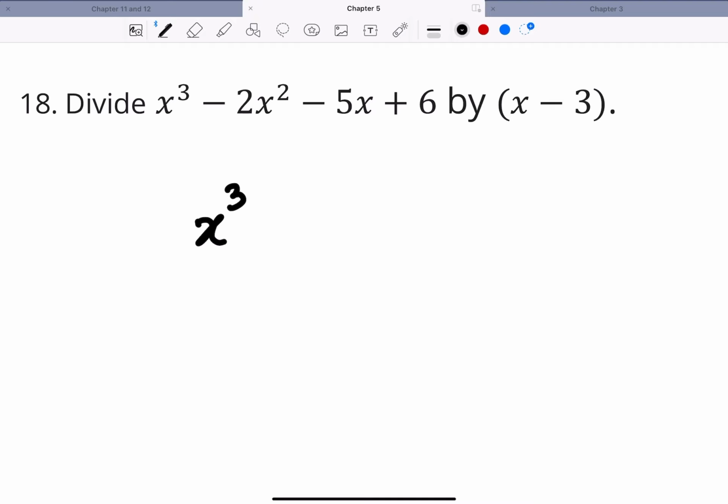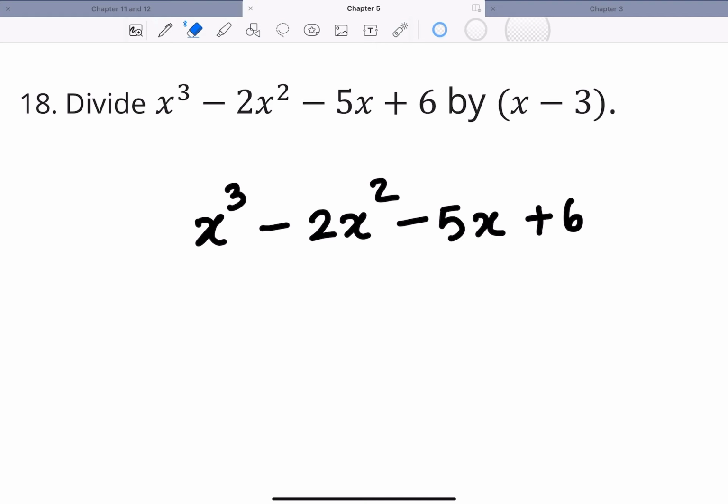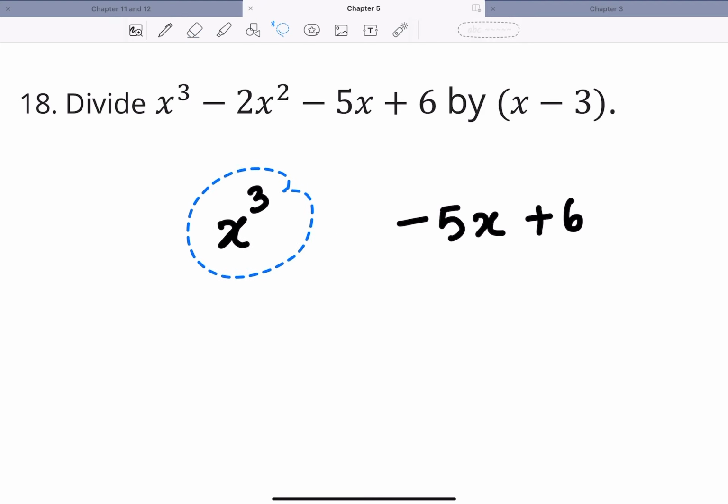x cubed. So when you have higher powers, you have to make sure you have the powers in decreasing order. What do I mean? x cubed minus 2x squared minus 5x plus 6. Let's just say I did not have this 2x squared and I had x cubed minus 5x plus 6.